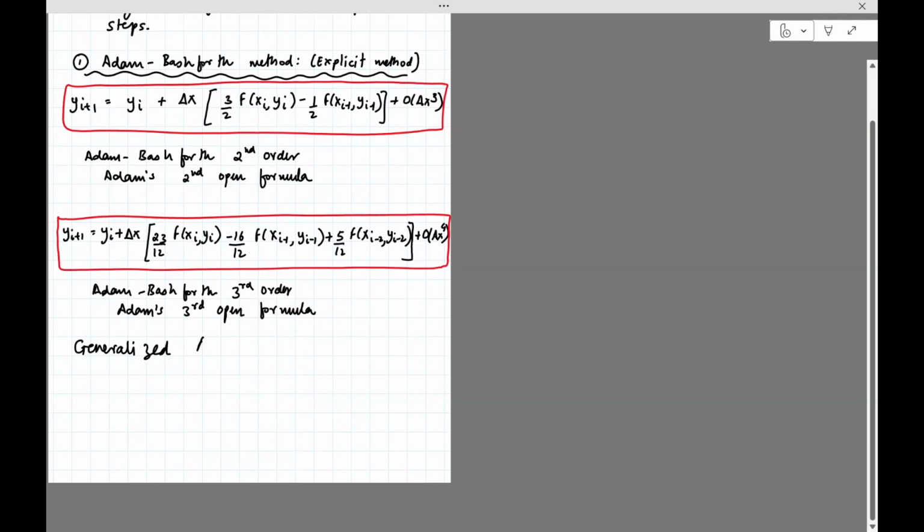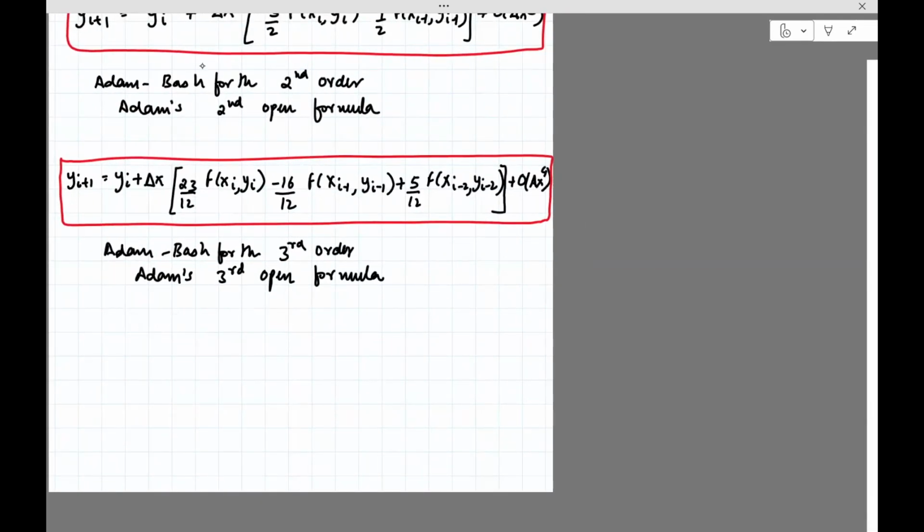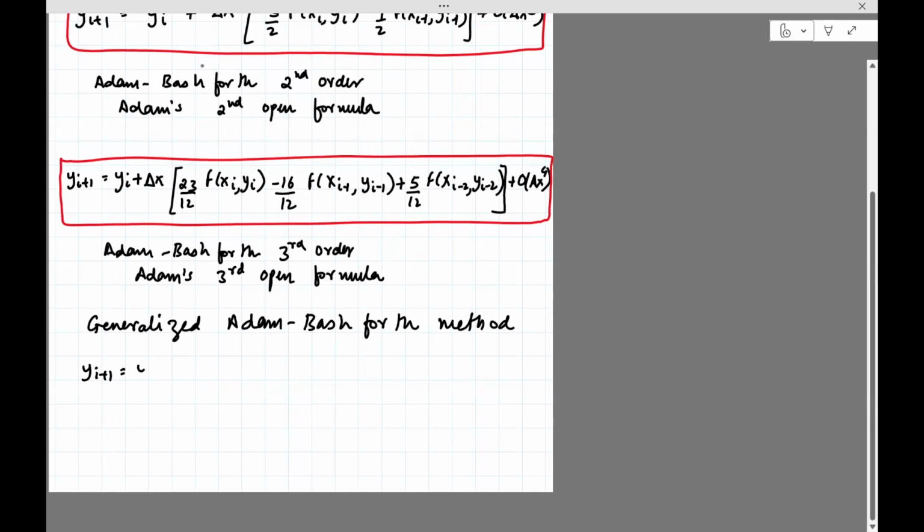Generalized Adams-Bashforth method. So the formula is yi plus 1 equals yi plus delta x, summation m goes from 1 all the way to n.